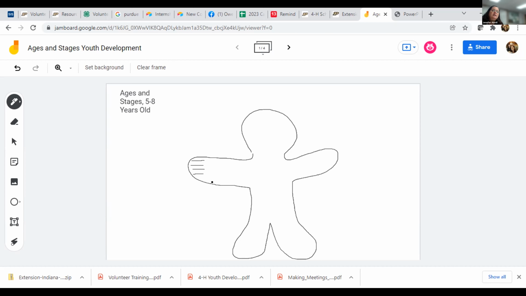So in this gingerbread looking man, the fact that I just drew little lines and it looks like one finger all together is representative of the fact that they don't have a lot of fine motor control, right? So they're not doing a whole lot of fine type work physically. So this is a representation of that, if that makes sense.